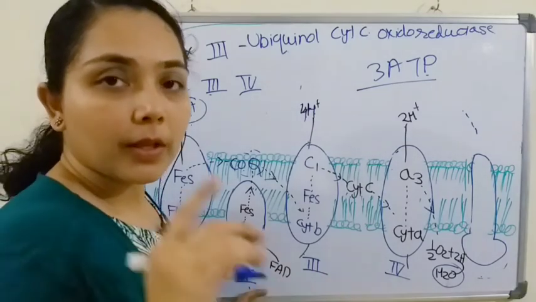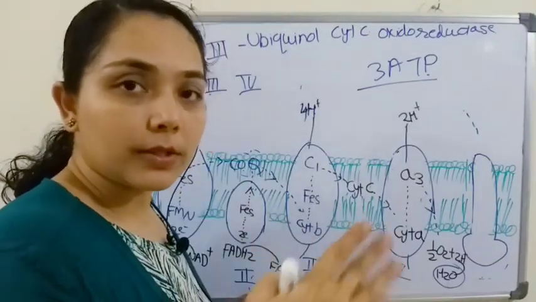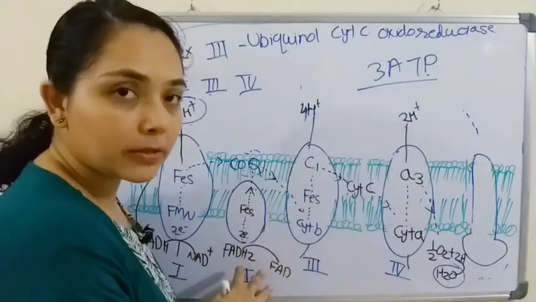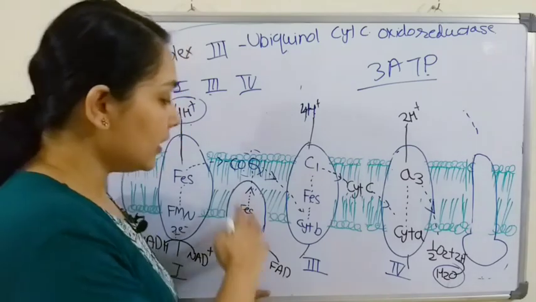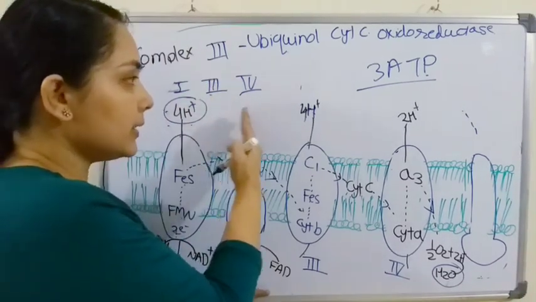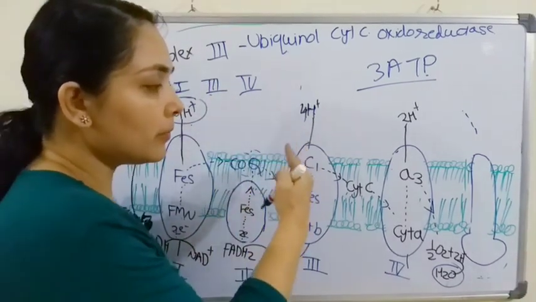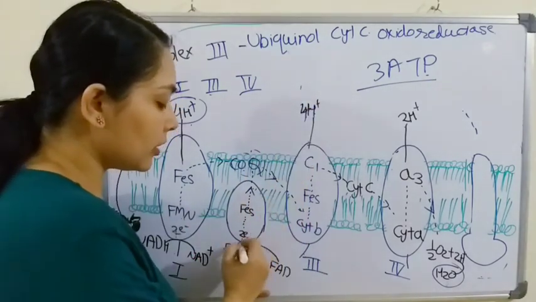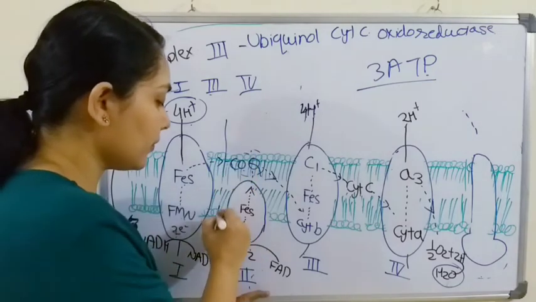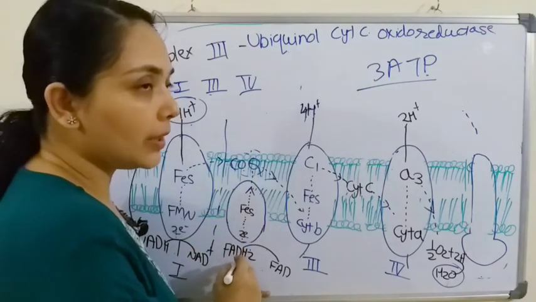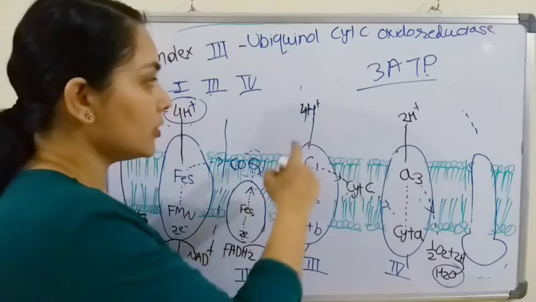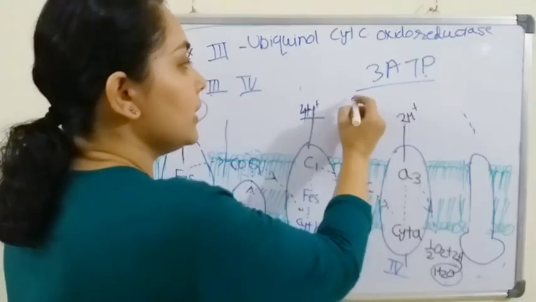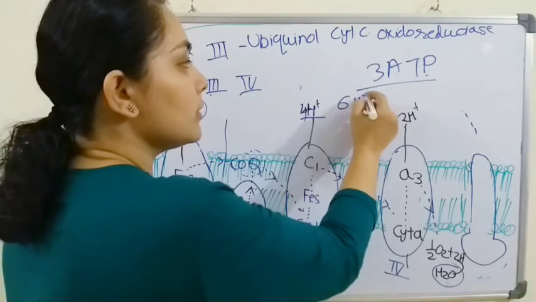But as FADH2 skips complex 1, it directly donates its electron to complex 2. Let's count how many protons are transferred from the matrix to the intermembrane space during the electron transfer from FADH2. As it directly donates its electron to complex 2, here we get 4 plus 2, meaning 6 protons.